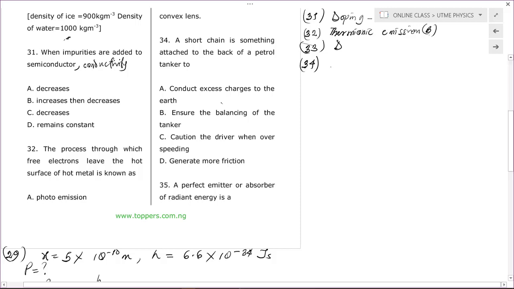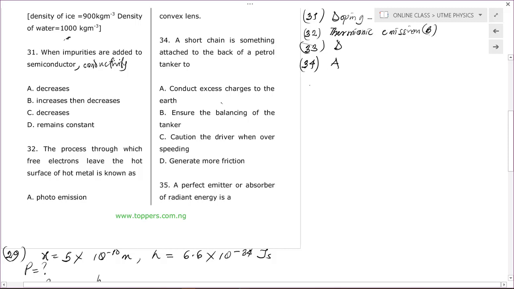But to remove the excess electrons so that it can go neutral, to discharge those electrons to the earth, that's why it is attached there. So the answer here, conduct excess charges to earth. So it is called earthing. So that's how we earth it so that something cannot just get ignited anytime. So that is number 34.